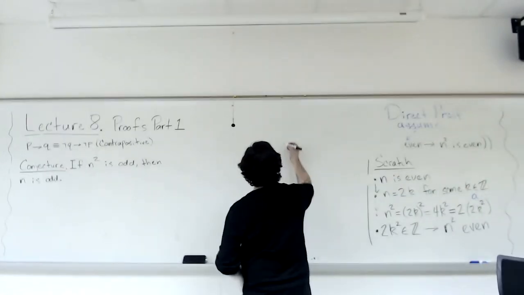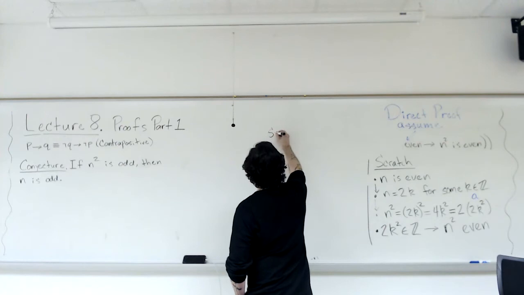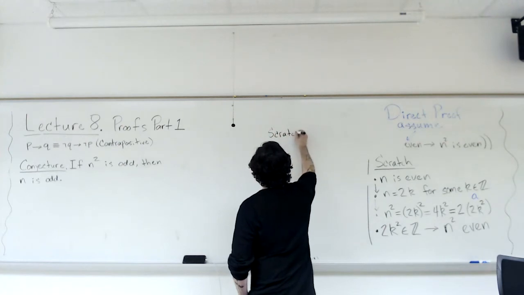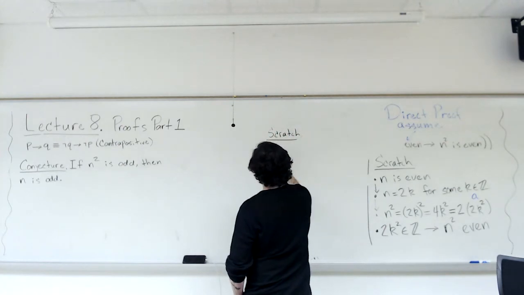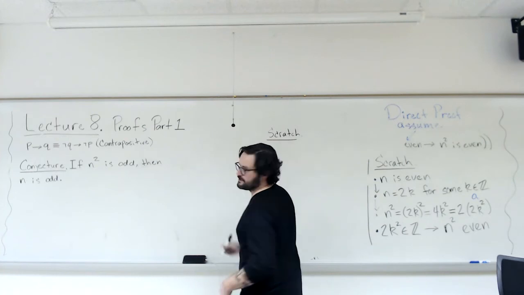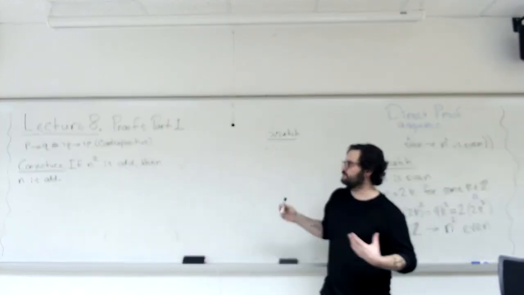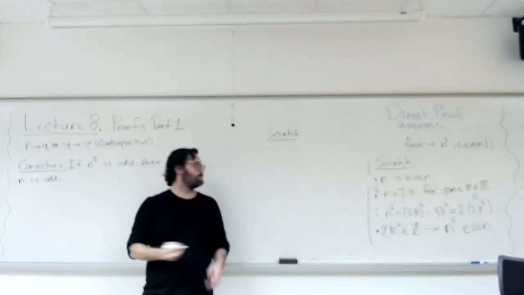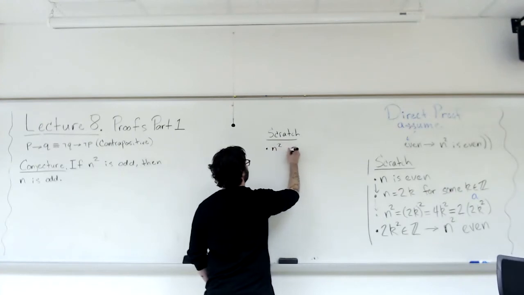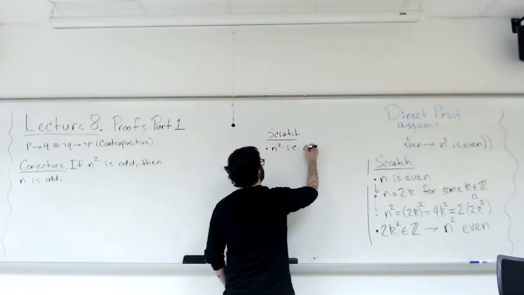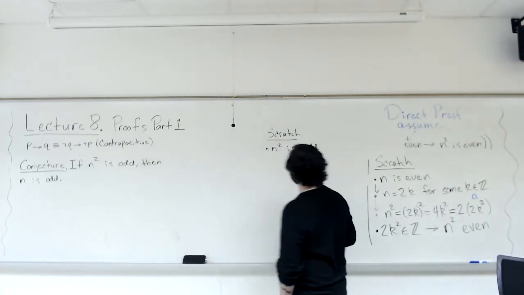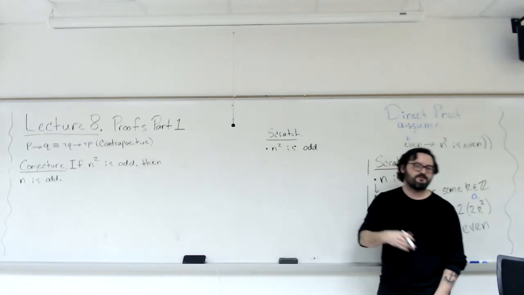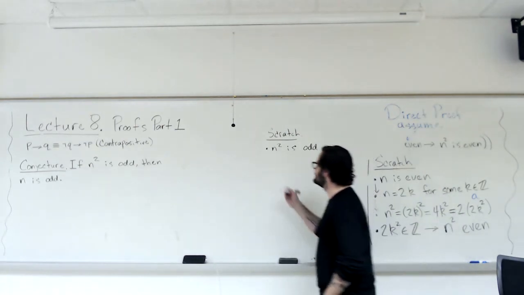So, scratch work for this proof. So what would we assume? In a direct proof, we would assume what to be true. Right. So we're going to assume n squared is odd. And then we can apply the definition again.